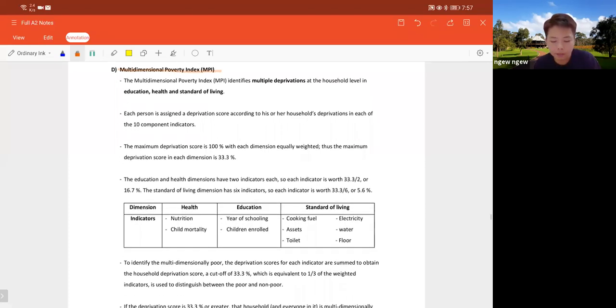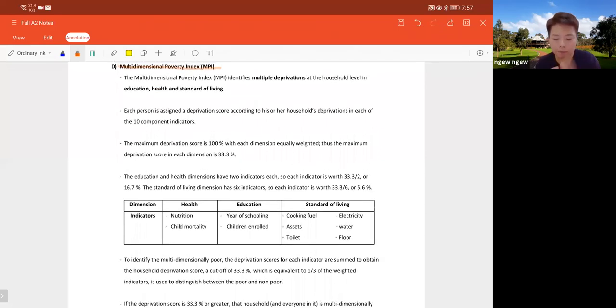However, although it is multi-dimensional, down to the point we also group it under three broad categories: health, education, and standard of living. And again, as mentioned, it measures how much you are deprived from.